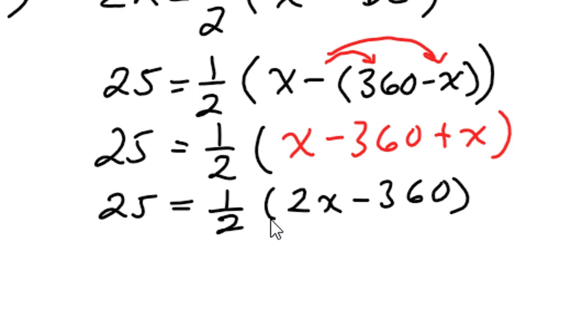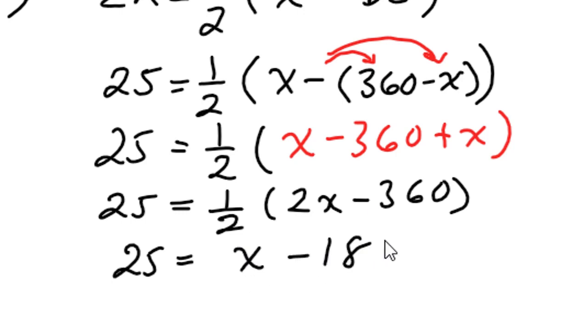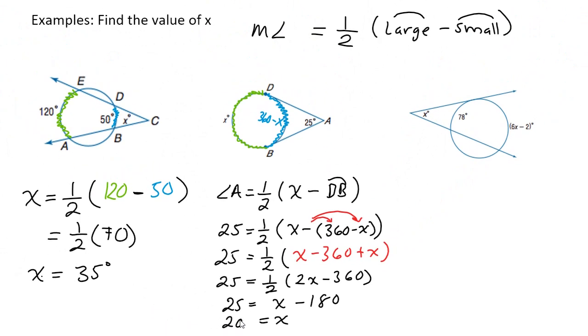We could go ahead and distribute the 1/2 since 2 goes into both 2 and 360 evenly. So we have that 25 is equal to X minus 180. And by adding 180 to both sides, I will end up with X being equal to 205.